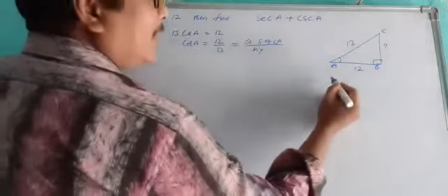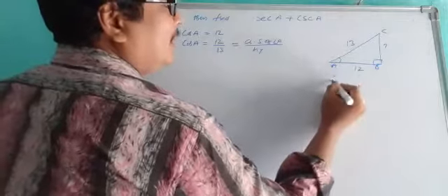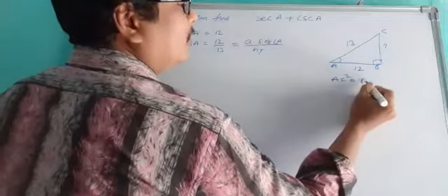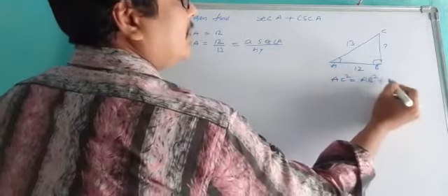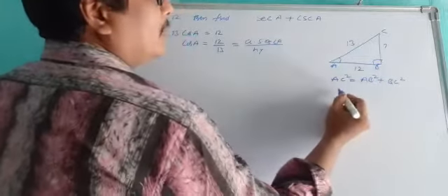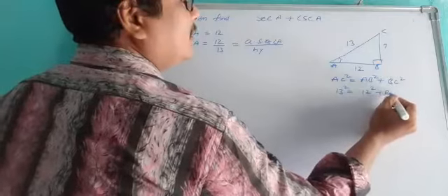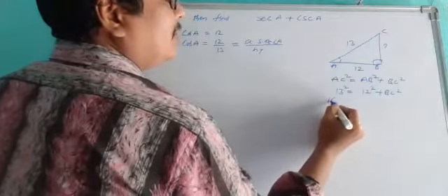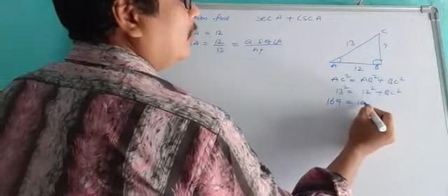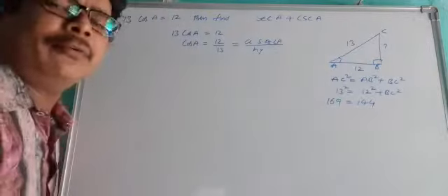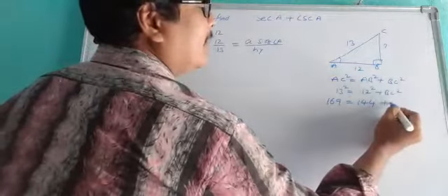With the help of Pythagoras theorem, hypotenuse AC square equal to side square AB square plus BC square. That means 13 square equal to 12 square plus BC square. So 13 square means 169 equal to 12 square means 144 plus BC square.